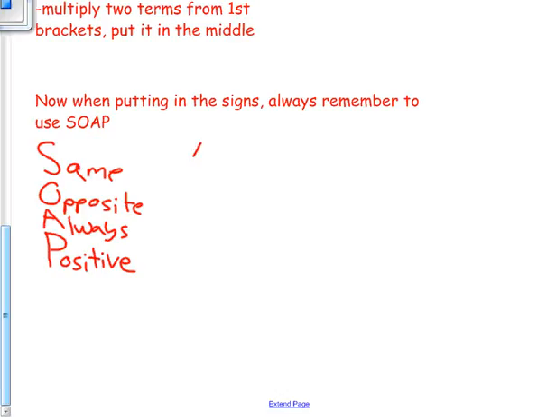So right now we just have x, 5, x squared, 5x, and 25.